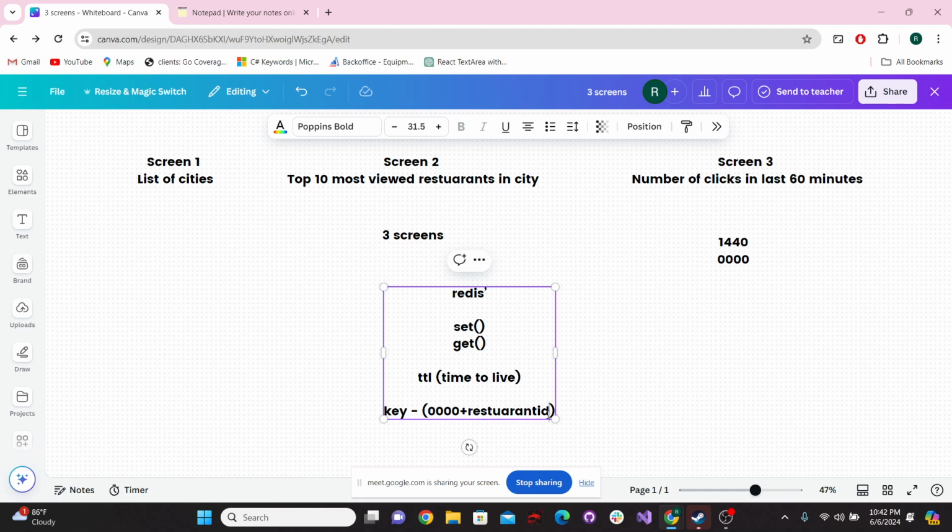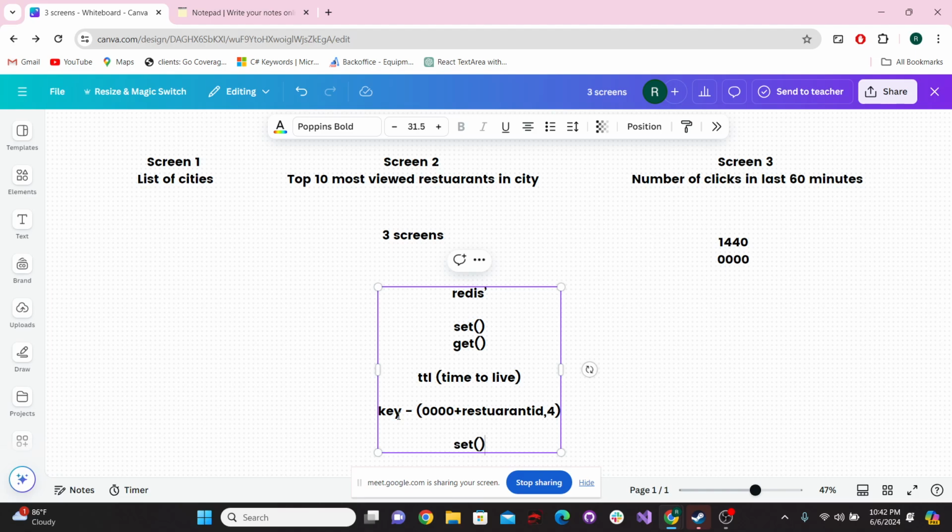At this minute of time, if someone is clicking on this restaurant, this key value will be incremented by 1. It becomes 1, then 2, then 3, then 4, right? That's the way my setter works. Whenever someone clicks, I'm just incrementing.